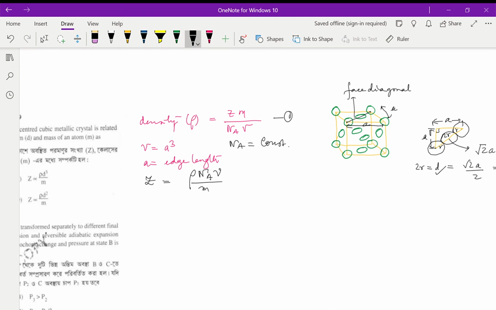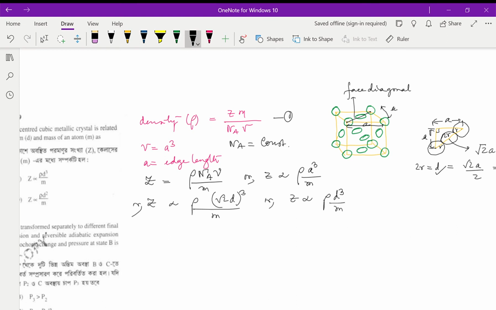So we can write Z proportional to rho a cube by M, isn't it? Or we can write Z proportional to rho root 2 d whole cube by M, or we can ignore the constants and simply write it as rho d cube by M.